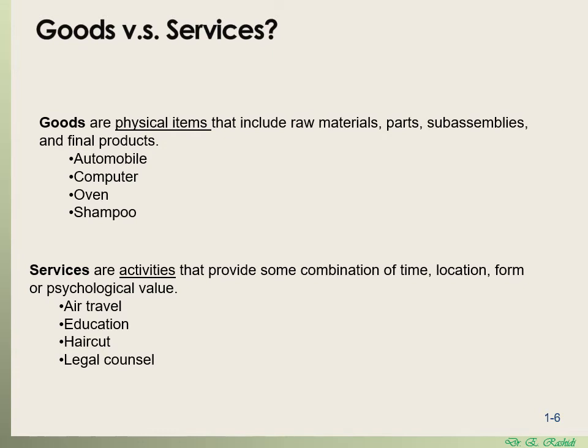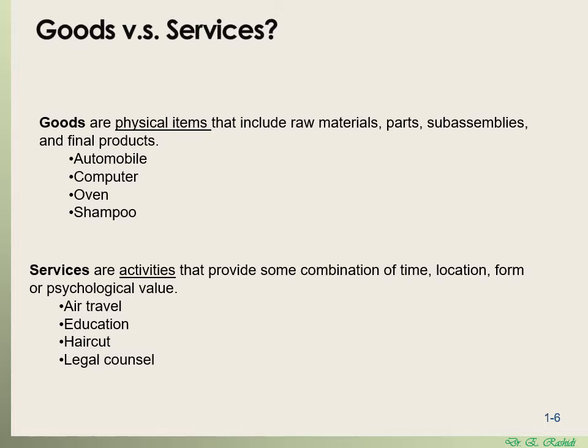Goods versus services. Goods are physical objects. That includes materials. They are made of materials. Examples of goods are automobiles, computers, ovens, shampoos, your phone, or whatever device that you're using right now to watch this lecture.